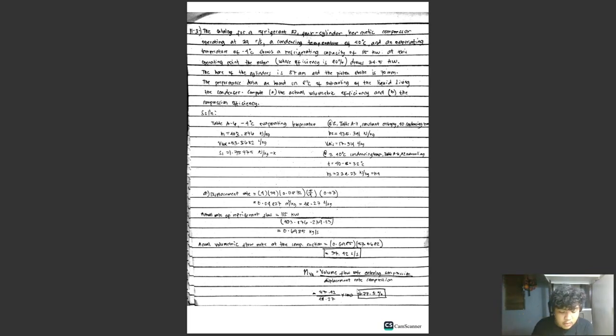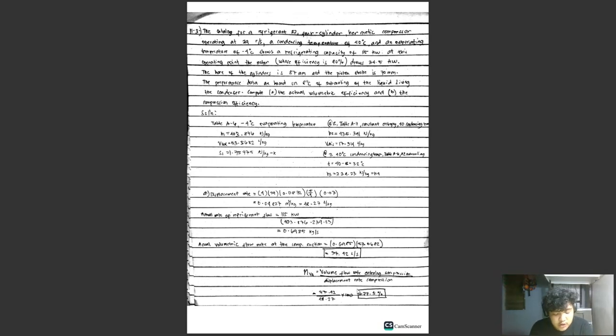For the actual rate of refrigerant flow, it equals 115 kilowatts over 403.876 minus 239.23. So we have the actual rate of refrigerant flow equals 0.6985 kilogram per second.